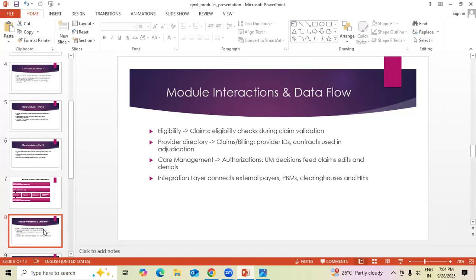Now, this is about understanding the module interaction and data flow processes, right from the eligibility to claims. Based upon the eligibility checks during the claim validation, what type of health insurance program the customer or patient has, and to what extent they are eligible. We also maintain some provider directory, right?